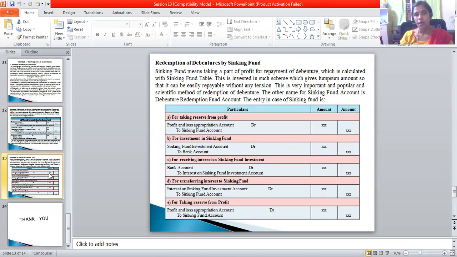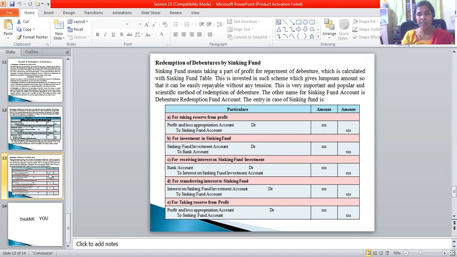Redemption of debentures by sinking fund. These are the journal entries. For taking reserves from profit: Profit and Loss Appropriation Account debit to Sinking Fund Account. For investment into the sinking fund: Sinking Fund Investment Account debit to Bank Account. For receiving interest on the sinking fund investment: Bank Account debit to Interest on Sinking Fund Investment Account.